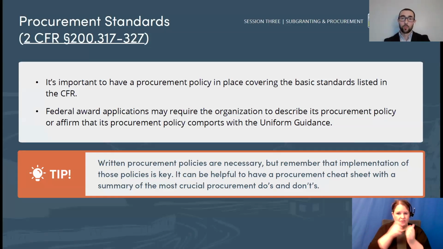One way to implement sound procurement practices is to have a cheat sheet on file where you summarize the most crucial procurement do's and don'ts, right? What the thresholds are, how many RFPs do we need? At what point do we have to use formal methods and so on? Having this cheat sheet will help personnel that are actually implementing the policies get by on a daily basis.